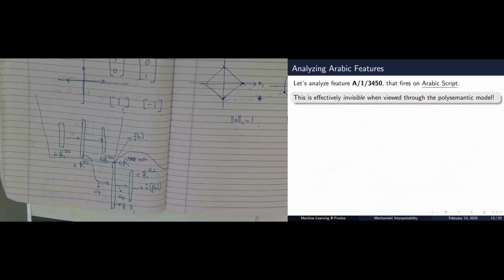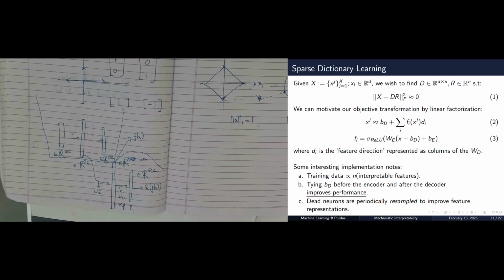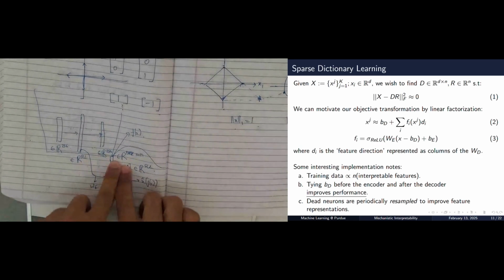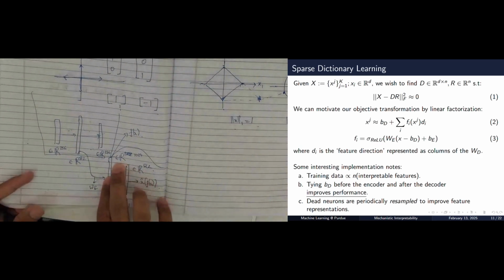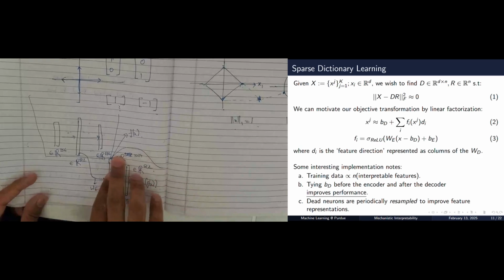Cool. So this is our setup, and using this setup, there are only a couple more things that you do to it. The training data is proportional to the number of interpretable features that you want. This is something they just identified empirically, but it's not something that really helps us understand it. It is just a training detail, because you want to figure out how much you want your model to decompose features.